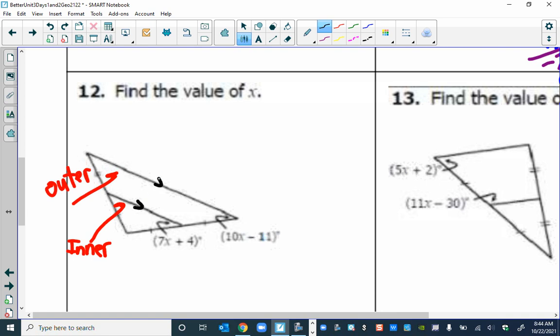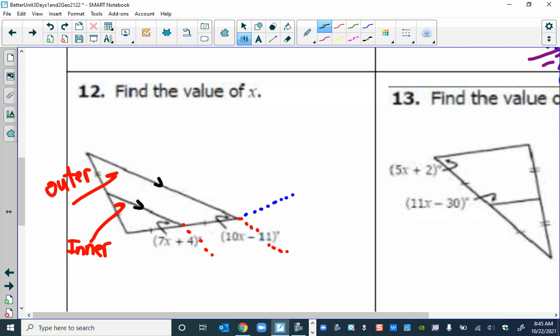If these lines are parallel, it kind of goes back to what we were talking about all of Unit 2. So basically, let's say these lines went on forever and ever. And this line went on forever and ever. Can we figure out the relationship of those two angles? I'll make it a little easier.